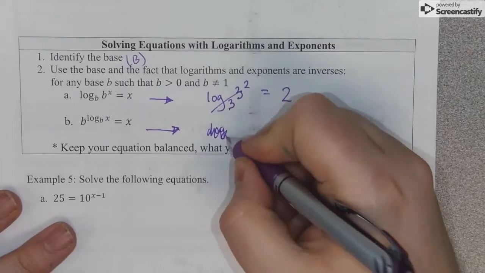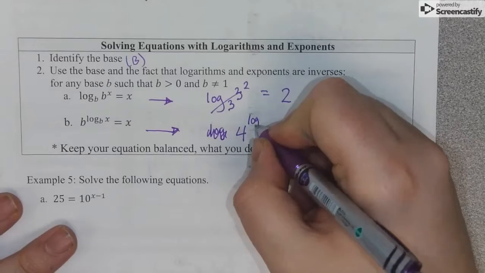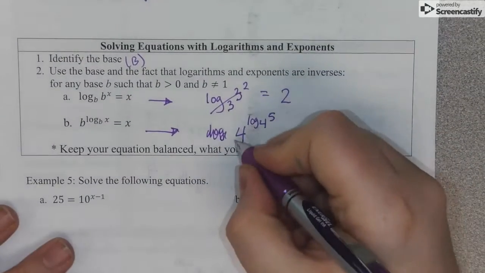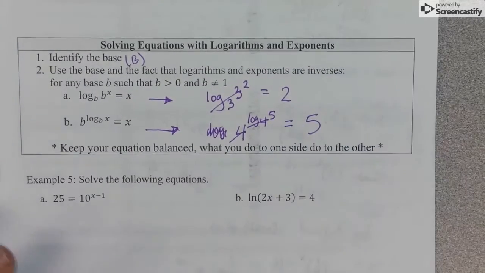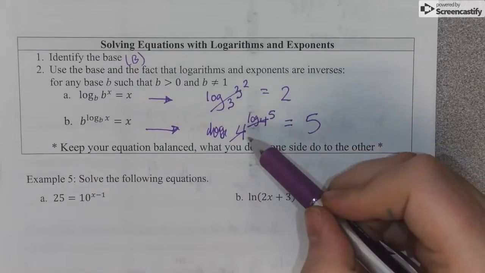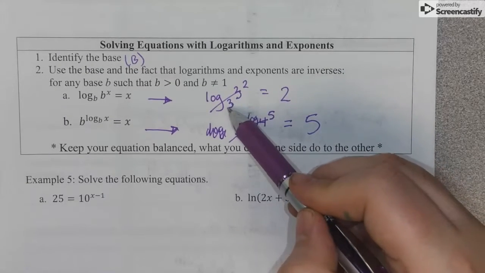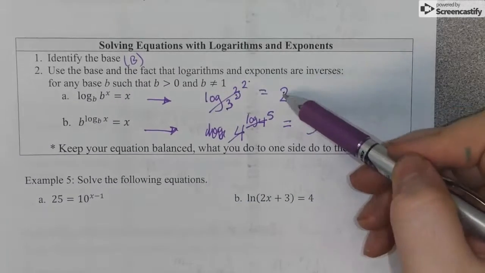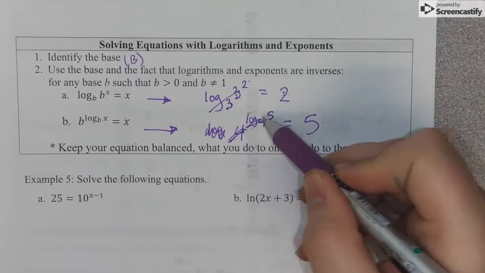Let's say, 4 to the log base 4 of 5. Again, the 4 and the log base 4 cancel, and this would just become 5. So in this case, if your base and your result are the same, they cancel and your answer is the exponent. So 3 squared, your answer would be the 2. Similarly, here your 4's cancel and you're left with 5.